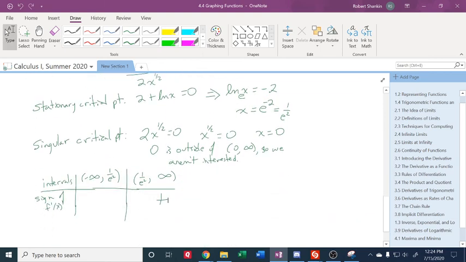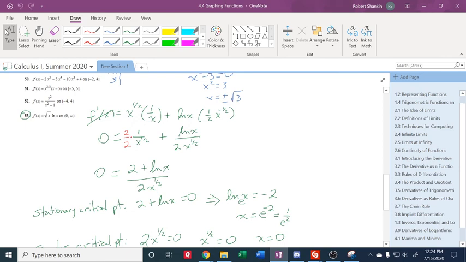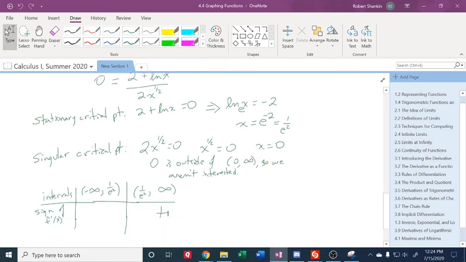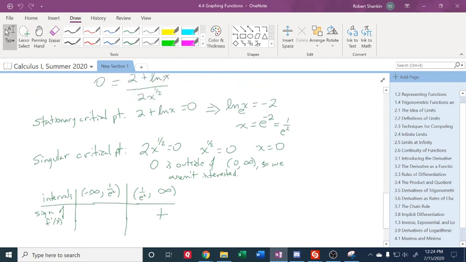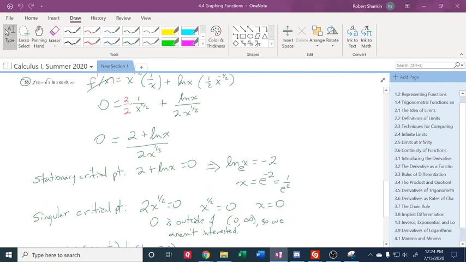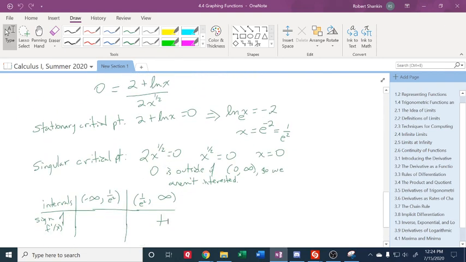So if I take like 0.0001, well, actually, you cannot take anything to the left of 0. So instead of using negative infinity, I wasn't interested in that. I'm only interested in 0 to 1 over e squared.